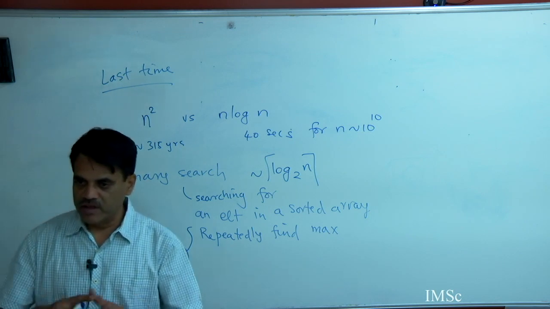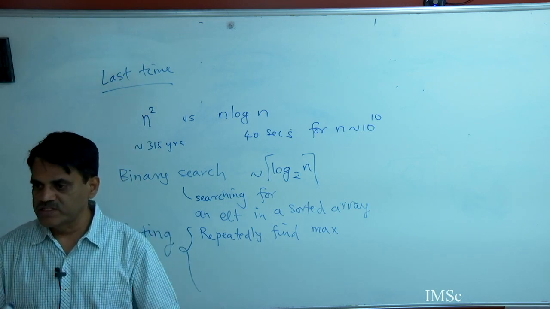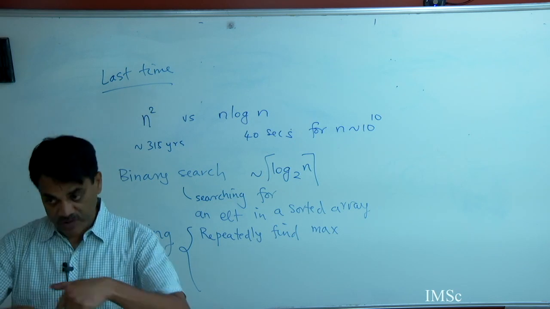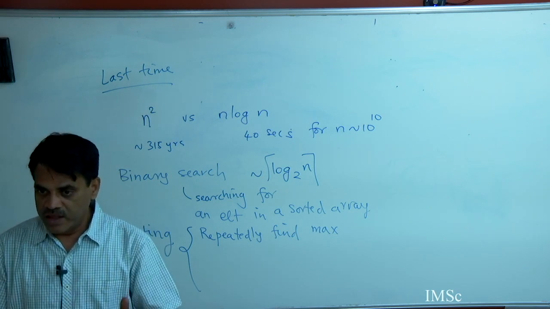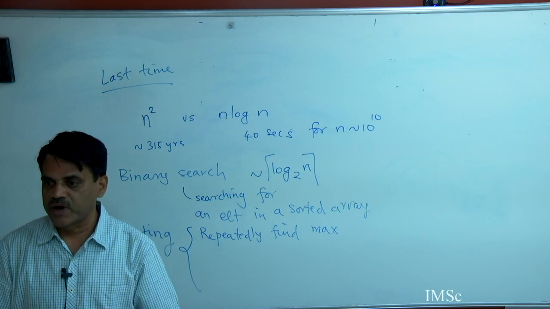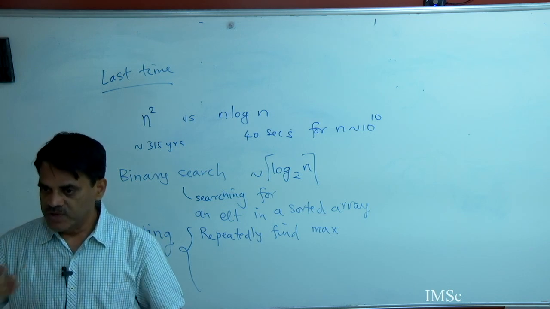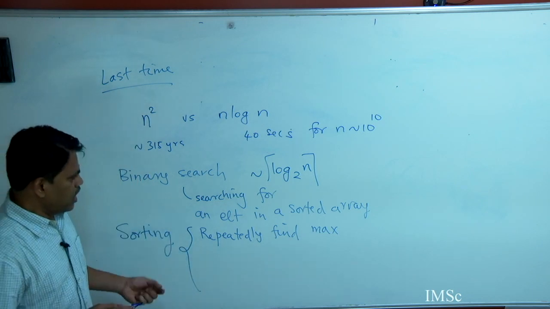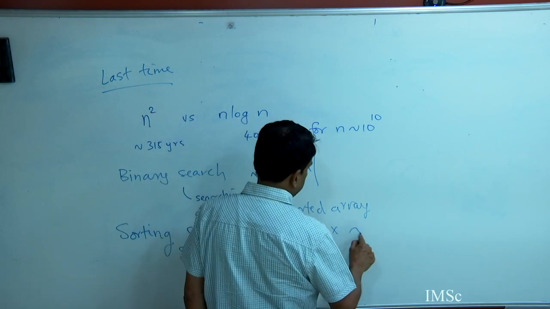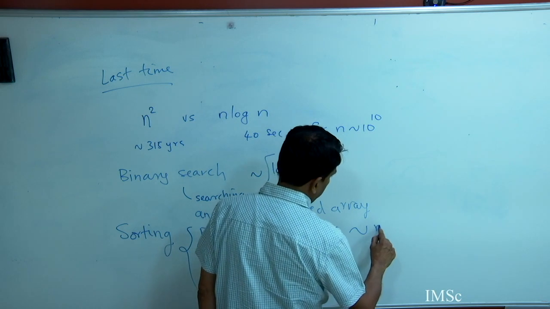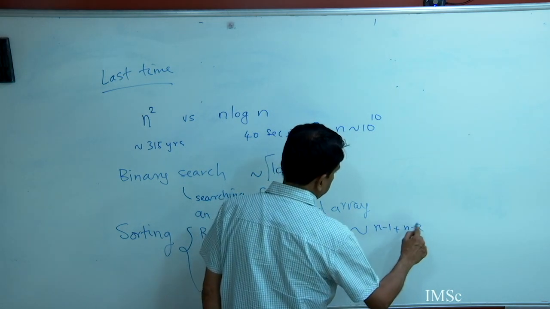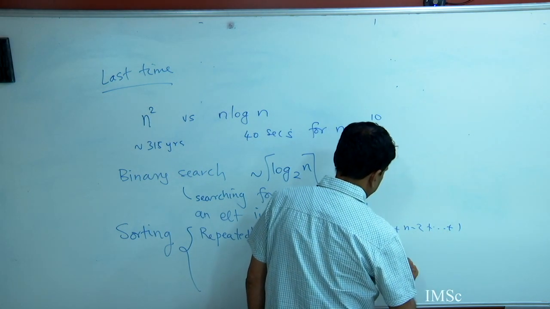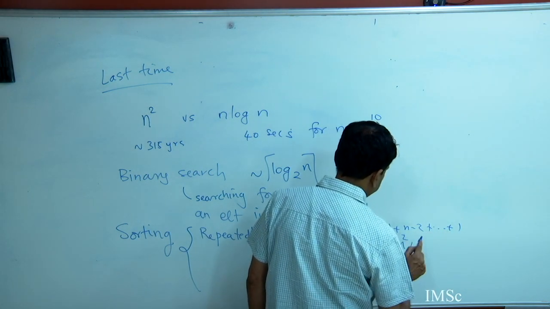Right, take your list, find the maximum, put it at the last location, swap it with where it came from, and swap the last element with where this element came from, and then find the max of the first n minus 1 array, and keep going, and at the end of it you will have your array sorted. And in this algorithm, the number of comparisons performed was something like n minus 1 plus n minus 2 plus and so on down to 1, and this we estimated to be n square by 2.